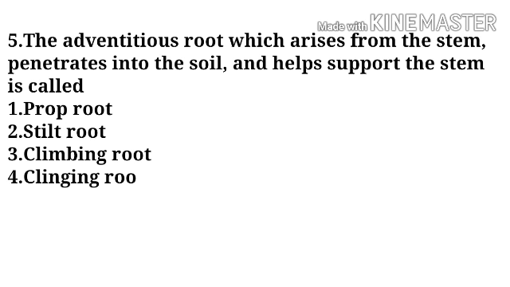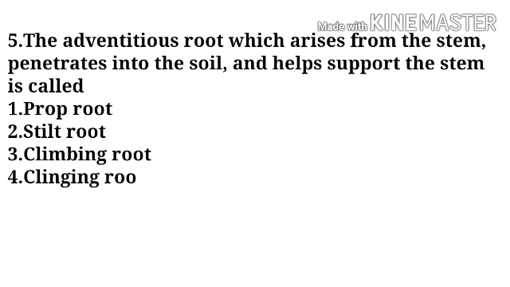Third, climbing roots: climbing roots are developed in climbers, that means plants which have a weak stem, and for that weak stem it is needed to support the growth, so such types of roots are developed.